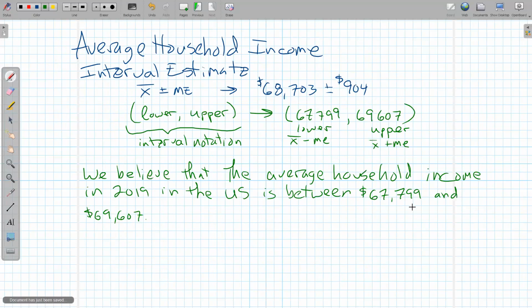I just say it's somewhere between this number and that number. Now, is it definitely in there? The answer is no. I don't know what the population number is. I'm guessing it's somewhere in here, but I don't know. So this is a caution. We don't know for sure if the actual population mean is in this interval. We'll never know.